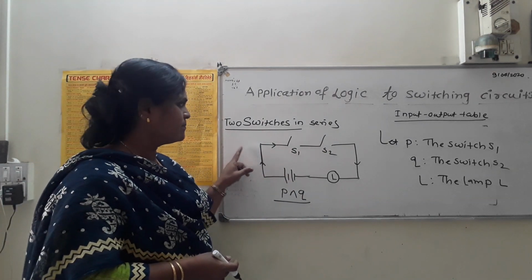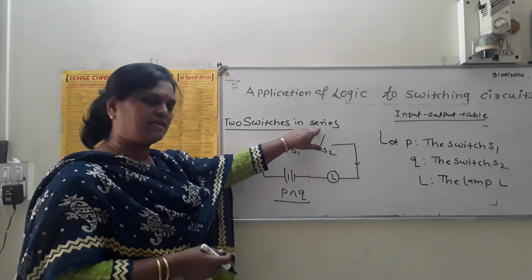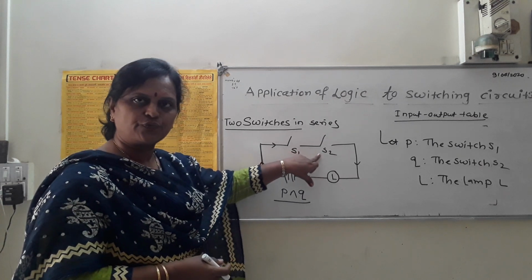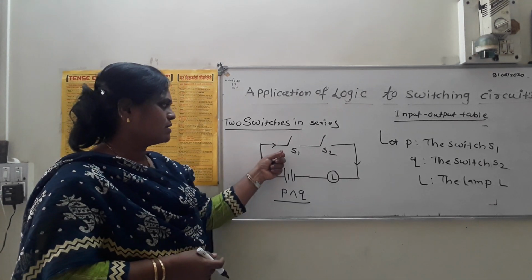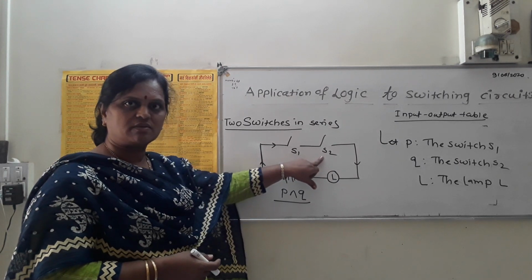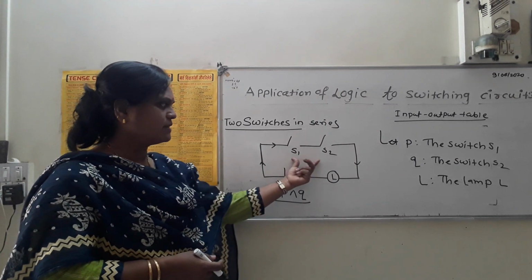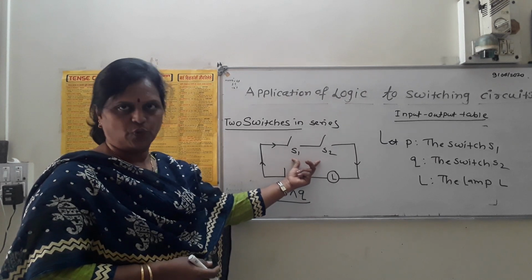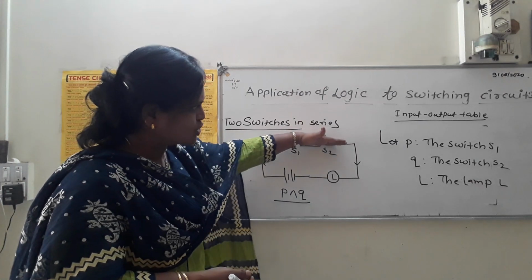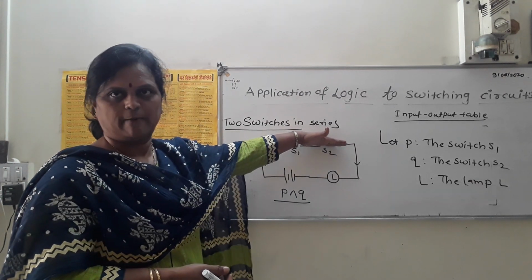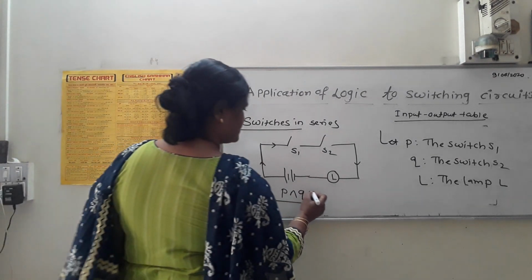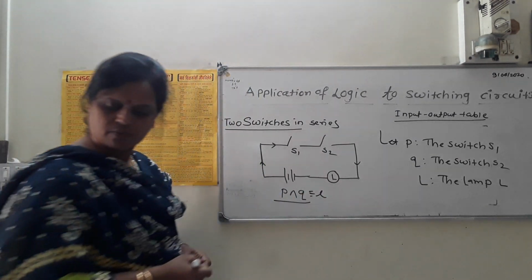I will repeat again. Two switches in series, the current will flow only when both the switches are closed. Then and then only current will flow. If both switches S1 and S2 are closed, only then will current flow. Clear? Okay. You can write here equivalent to L.